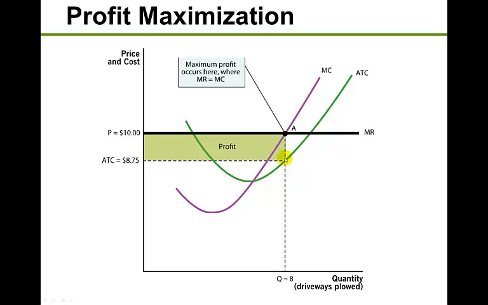Now, if this happened to be at a price where I was losing money, then this rectangle, the difference between the price and the average total cost times the quantity, would also be a representation of my loss. But here, this rectangle, price minus ATC times the quantity, is a visual representation of my profits.